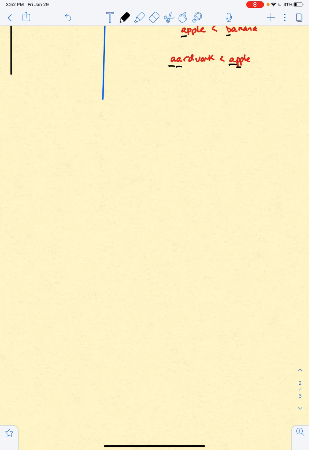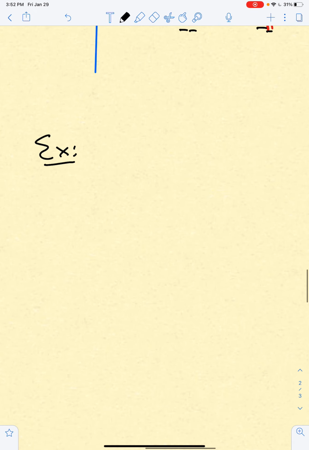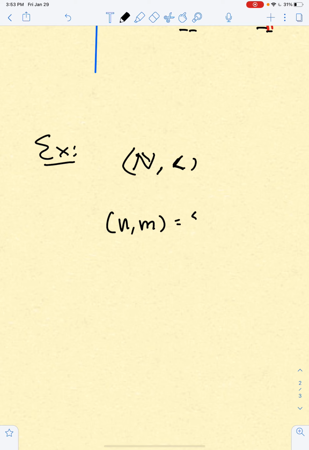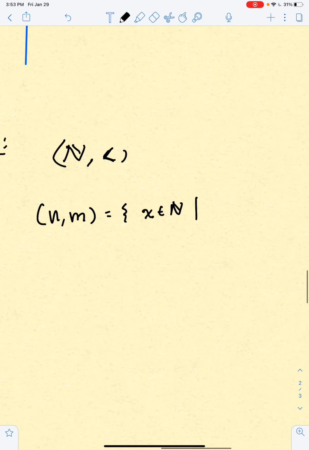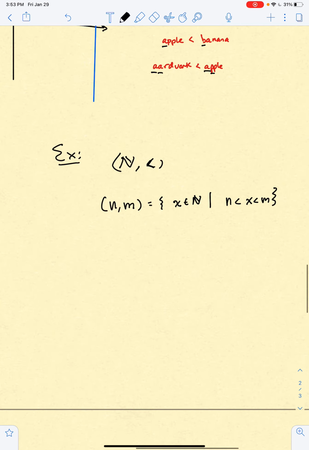What's another example? Let's say I look at the positive integers, which I'll write as N with the usual ordering. Well, this is an ordered set, so I can define an order topology on it. Which sets are open? All intervals of the form n to m, all natural numbers between n and m, are always going to be open.